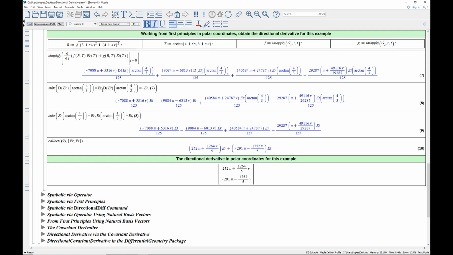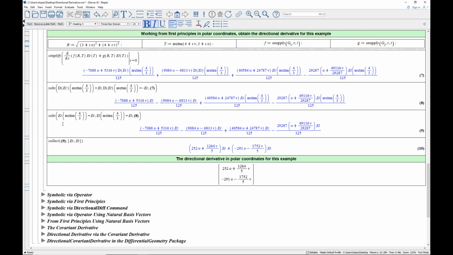So just literal replacements for those derivatives. There's the ET, there's the ER, but this ER is still evaluated at this arctangent.